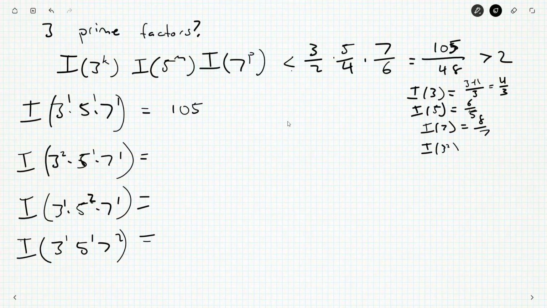I of 3 squared is going to be 3 squared minus 1, so 8 over 6, which is 4/3 again. That seems weird. 5 squared, so that'd be 25 minus 1, so that's 24 over 25 minus 5, so that's 24 over 20, or 6 over 5.